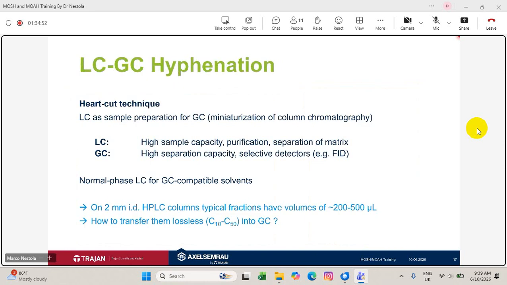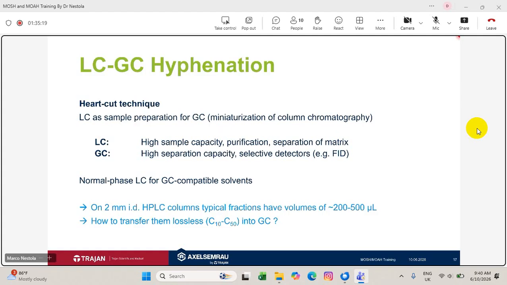So that was already in the 1980s. That is the main idea why LC-GC hyphenation was invented, because it's basically a combination with automated sample preparation. In fact, the HPLC is just, for us, a miniaturization of the column chromatography we are doing. We are not doing fancy HPLC, UHPLC stuff here.